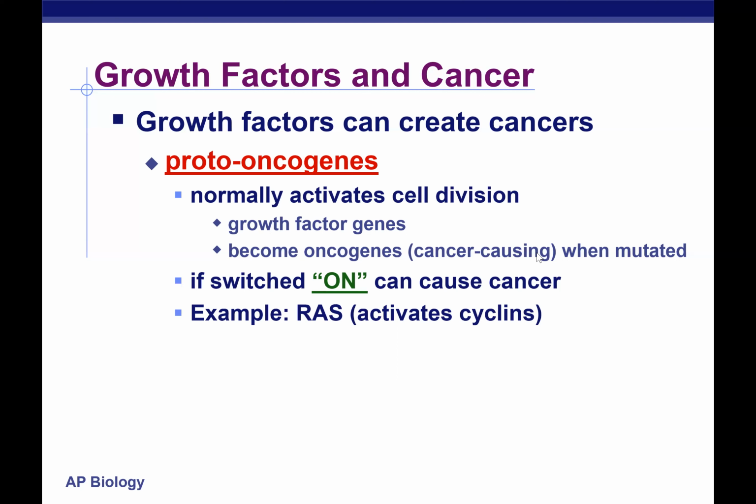So this is one set of genes responsible for causing cancers. There are more than half a dozen of such genes that have been identified and characterized from different kinds of cancers. For example, RAS is one which is responsible for activating the component of the cell cycle responsible for the checkpoint clearances at G1/S and G2/M.